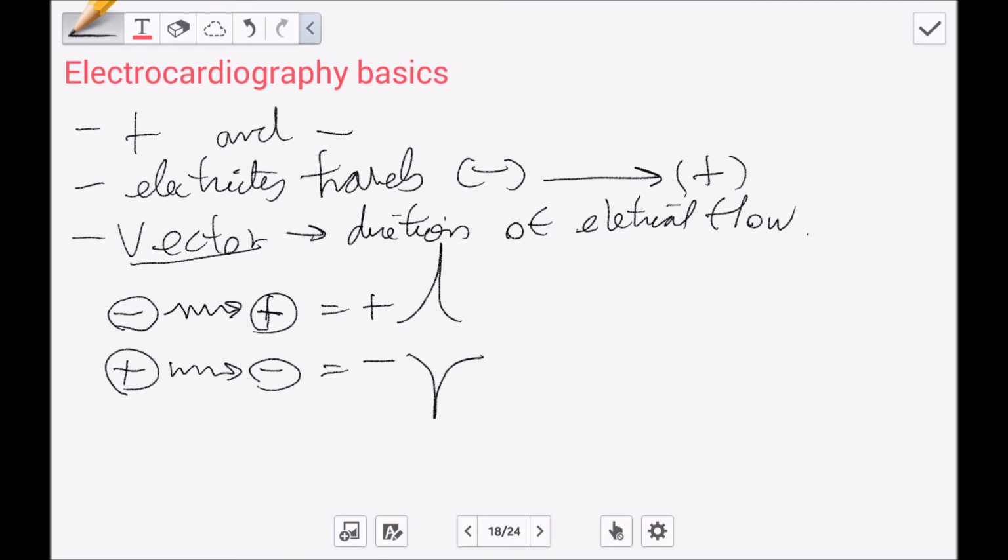If current travels perpendicular, not parallel, so remember this is parallel, and this is perpendicular, then we can get either a biphasic line or a flat line.